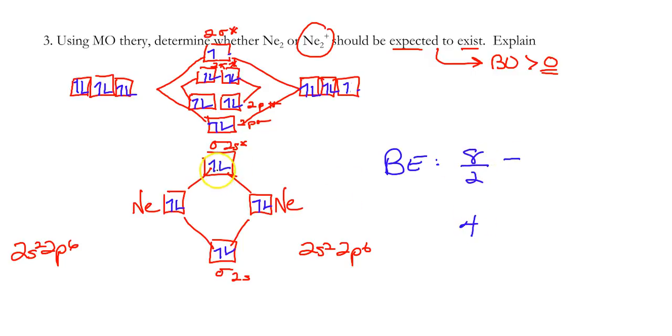Subtract the antibonding. 1, 2, 3, 4, 5, 6, 7. 7 over 2, which is 3.5. So what does this give me? A 0.5 bond order. Well, it's greater than 0, so therefore it exists. Ne2+ exists. All right, hope that helped.